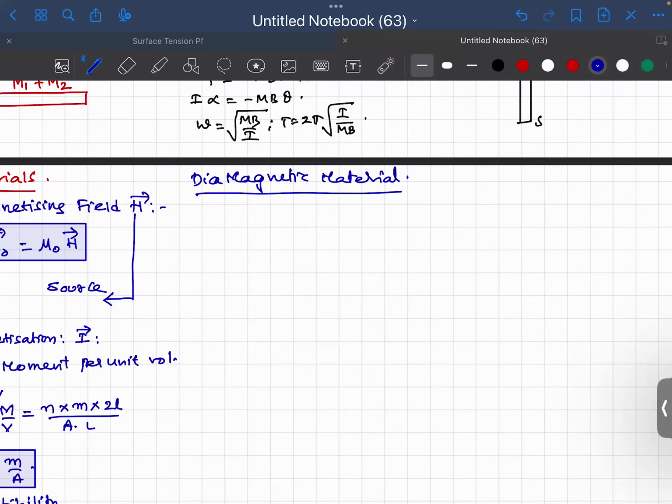Even a ferromagnetic material will also have diamagnetism, but what dominates is the ferromagnetic property. Now the problem with these materials is, when placed in a magnetizing field, they will magnetize in the opposite direction.